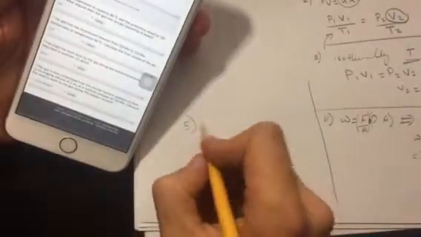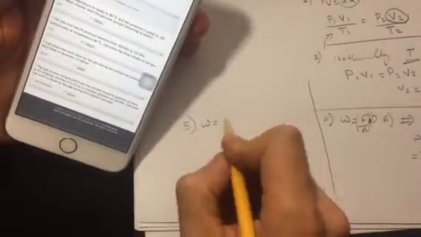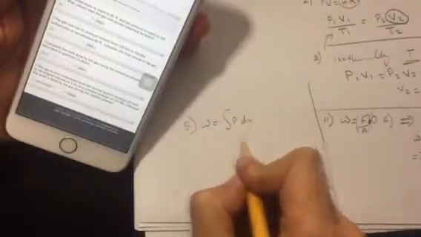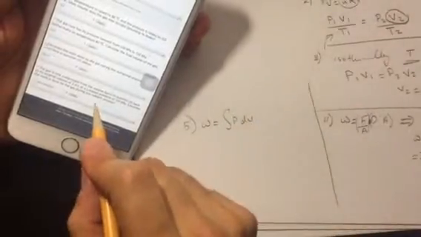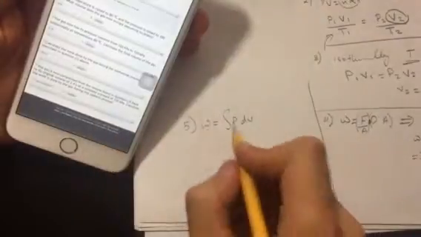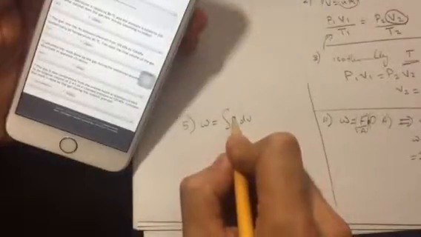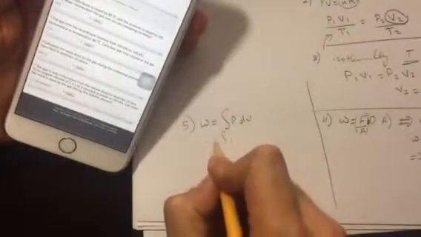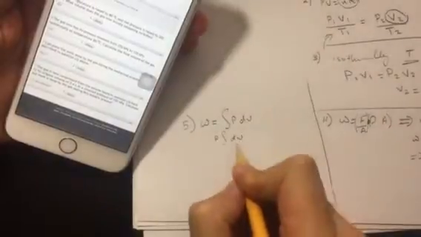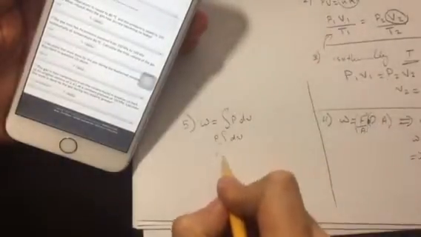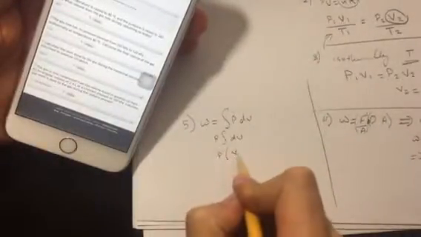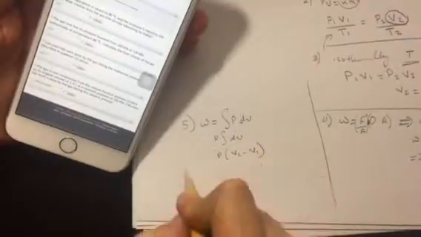So work equals the integral of P dV. This is an isobaric process. Isobaric means the pressure stays constant, which tells us we can take P out of the integral. So it's just a normal integral: P times V2 minus V1.